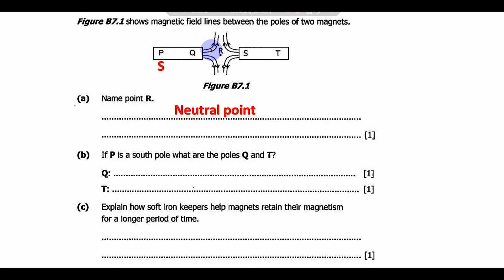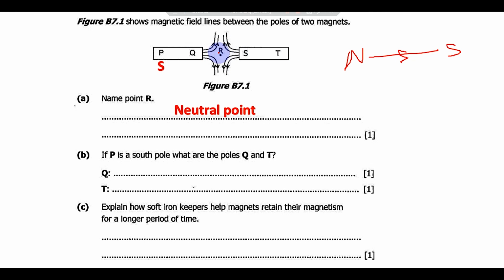If you remember what we talked about in lesson 2, the properties of the magnetic field lines, we said that the magnetic field lines point from the north to where? To the south. So that is how the magnetic field lines are designed, pointing from the north to the south, meaning the arrow is pointing to the south pole.